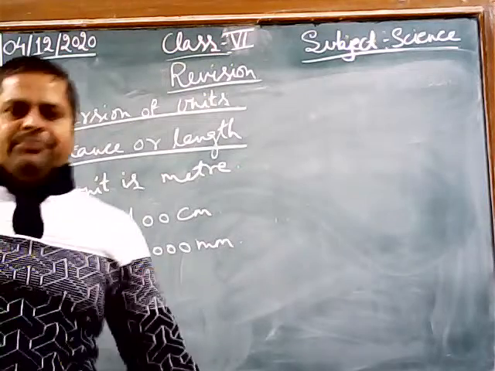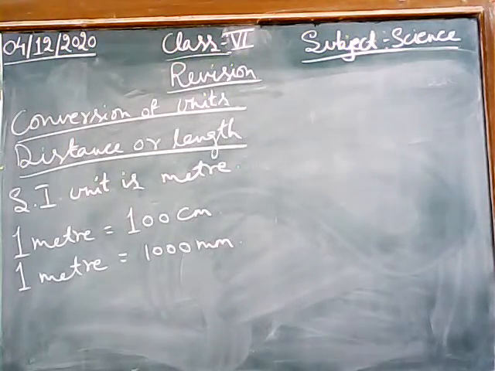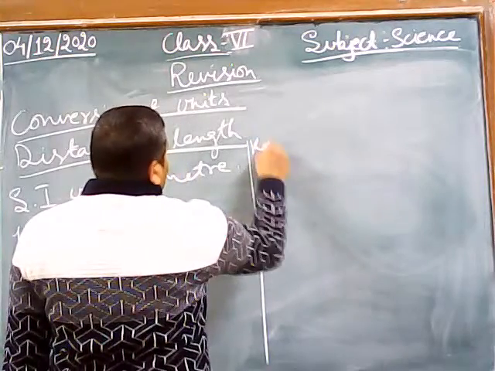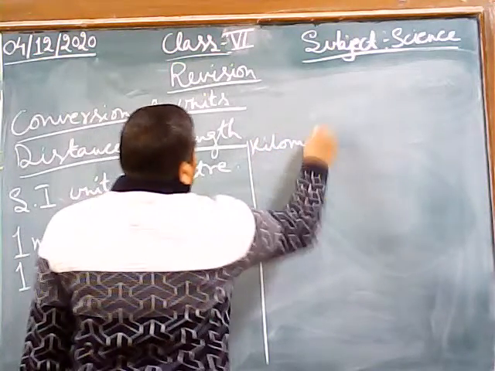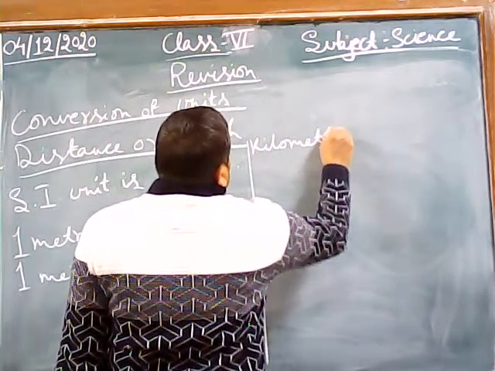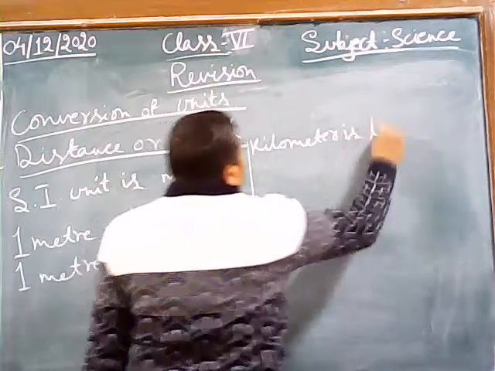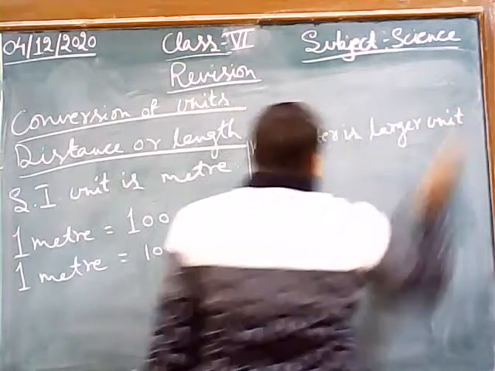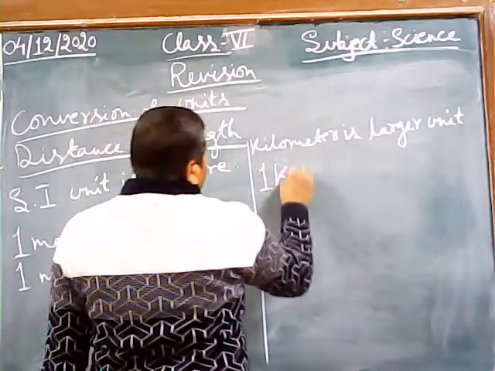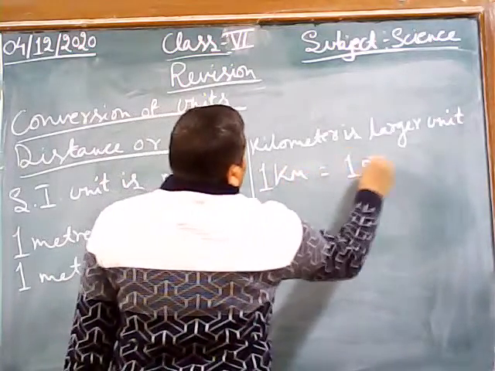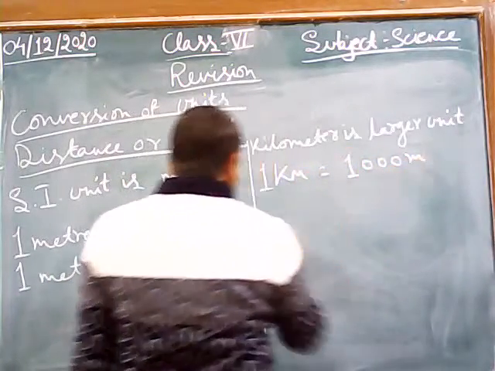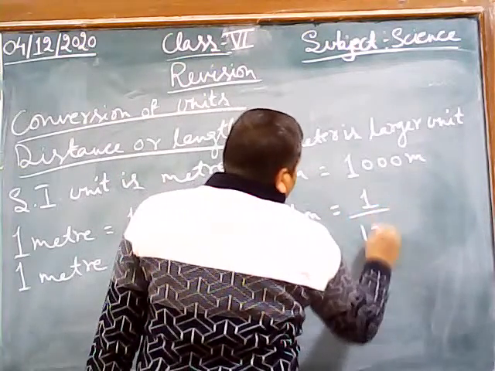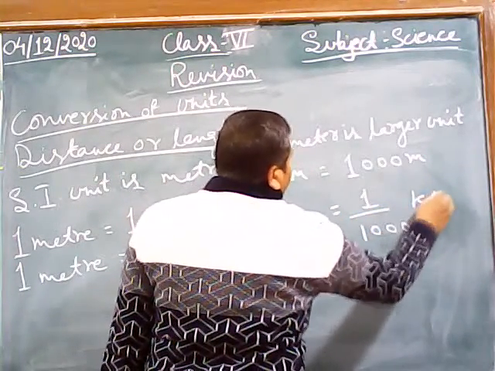And kilometer is a larger unit. 1 kilometer is equal to 1000 meters, or 1 meter is equal to 1 by 1000 kilometers.